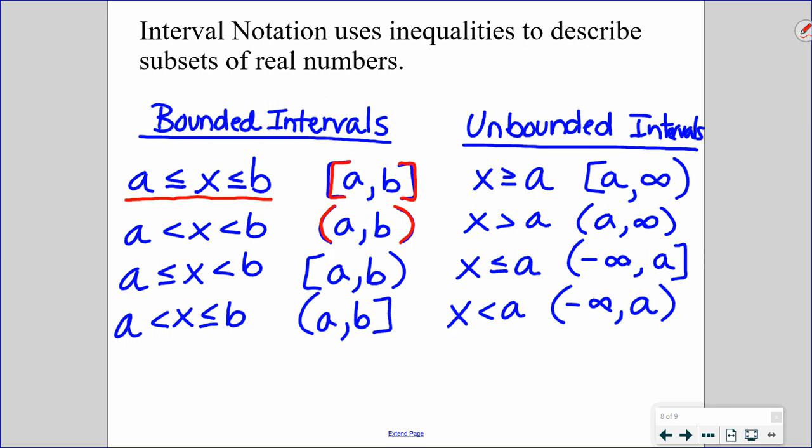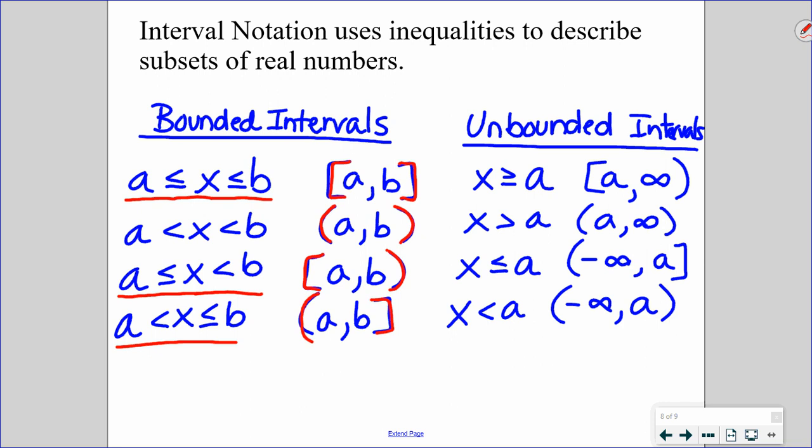And then, of course, you might have a less than or equal to and a less than, like in my next example. So this is A is less than or equal to x. Notice that there's a bracket on the A, and x is less than b, so we'd use parentheses on b. And then in the last example, it's just switched around, parentheses on A, bracket on B.